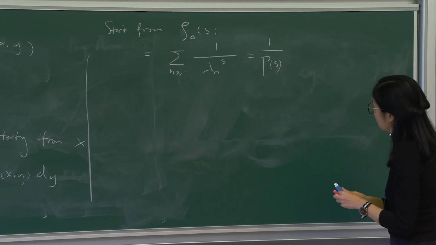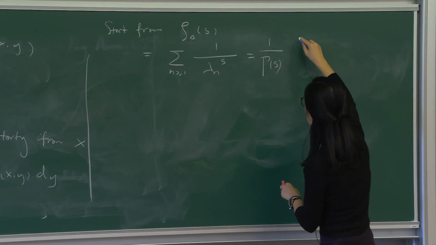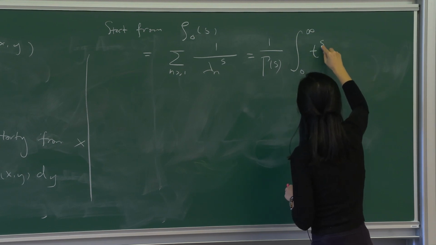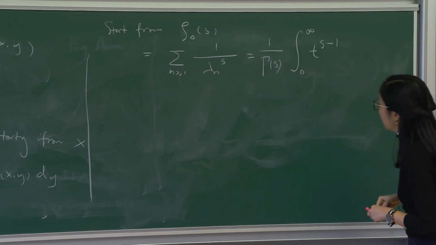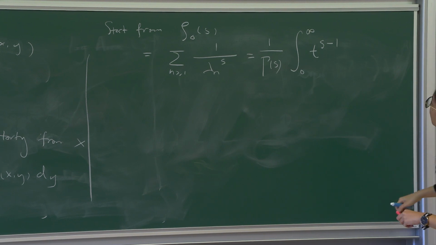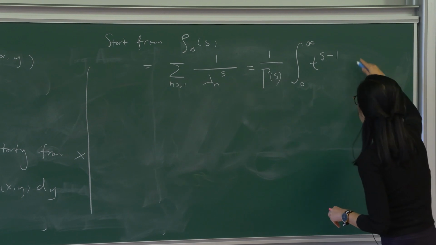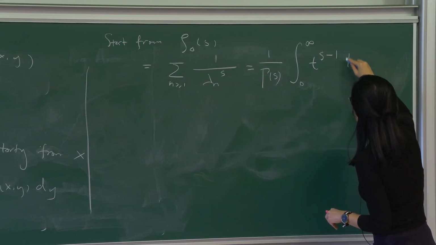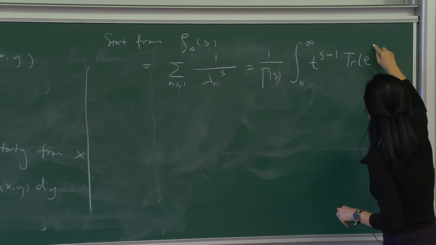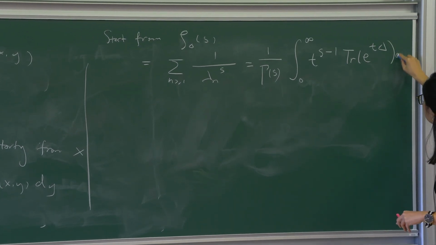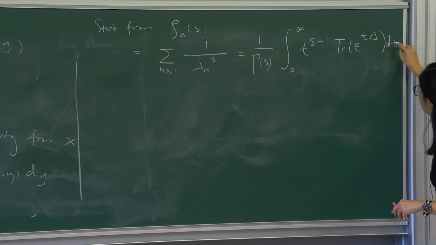This is equal to 1 over gamma of s, times the integral from 0 to infinity of t to the power s minus 1, times the trace of exponential t Laplacian, dt.